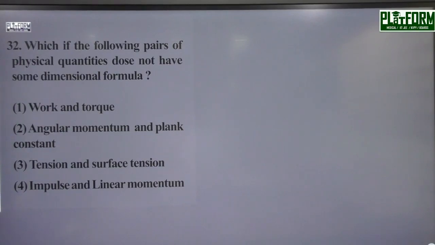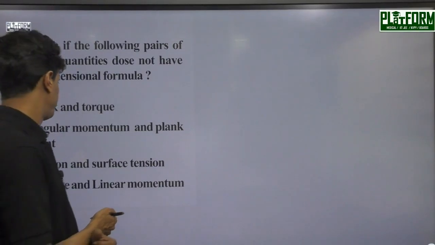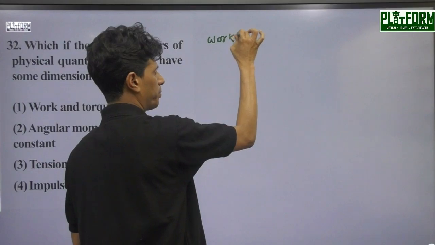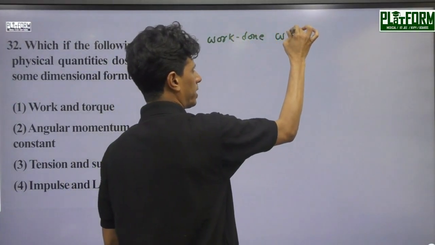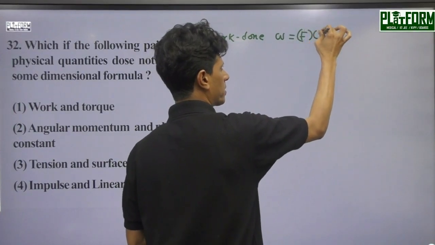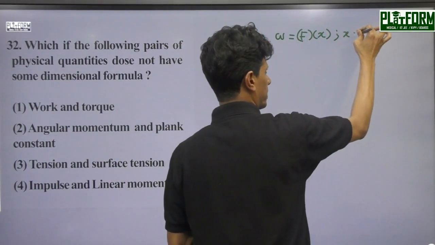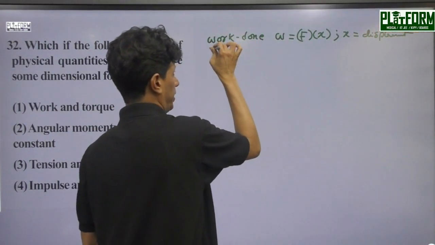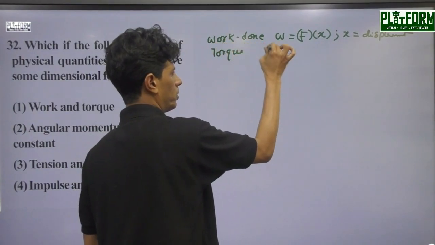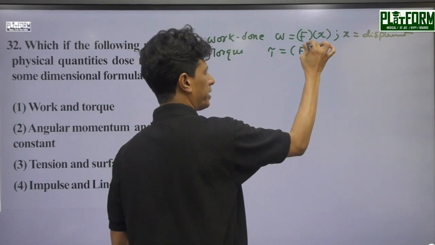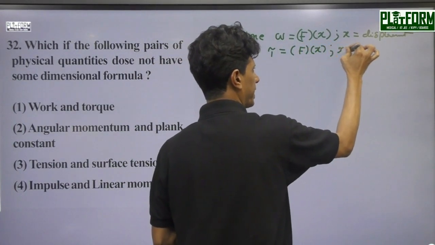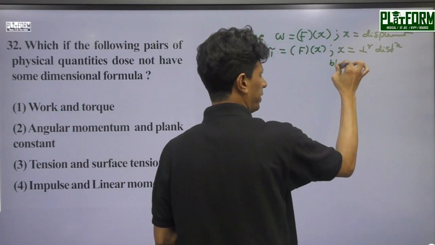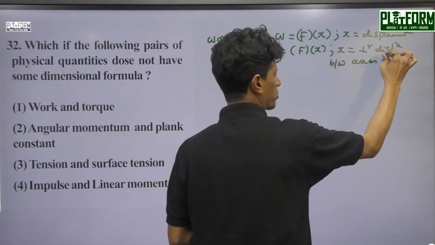Which of the following pairs of physical quantities does not have the same dimensional formula? Work done, simple question. Work done is equal to F into X, where X is the displacement. And torque, tau, is also F into X, where X is the perpendicular distance from the axis of rotation.